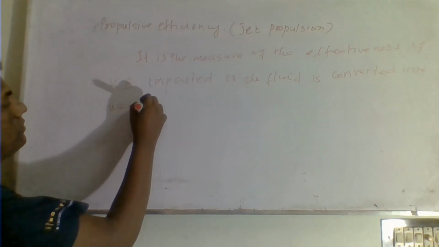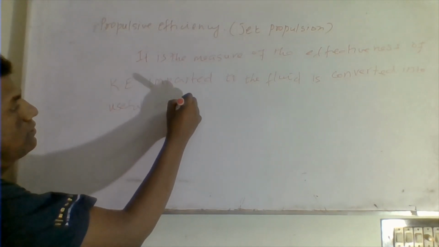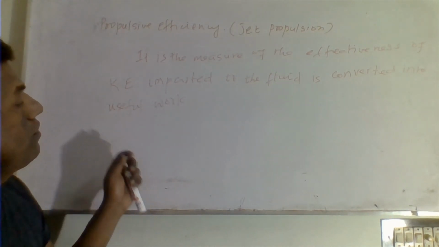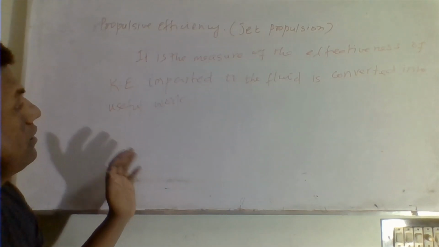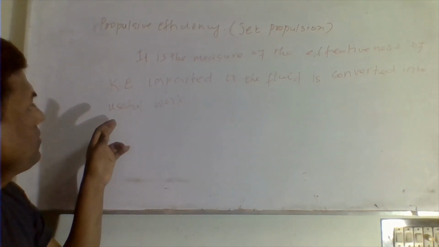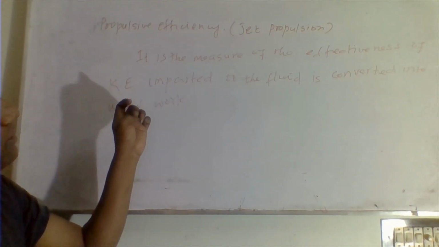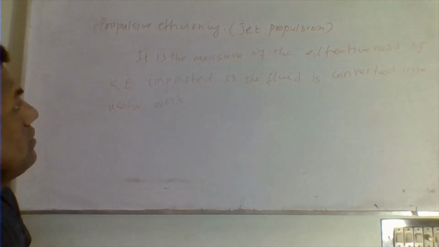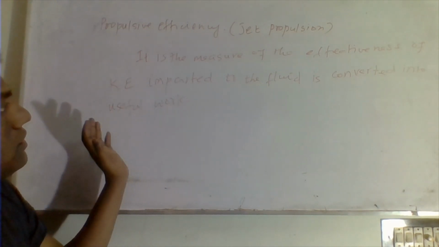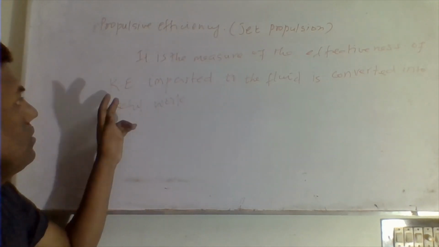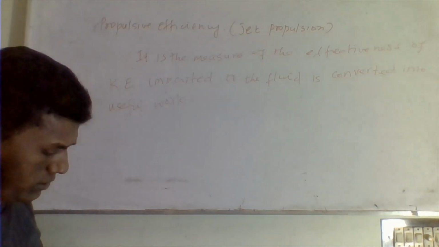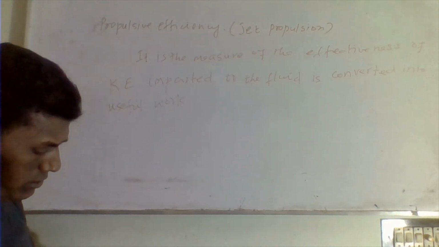So that means how much kinetic energy is imparted to the fluid, and how that is converted into useful work. That is what propulsion efficiency says. That's why we say it is a measure of the effectiveness of the kinetic energy imparted to the fluid being converted into useful work. So now we'll derive this equation.